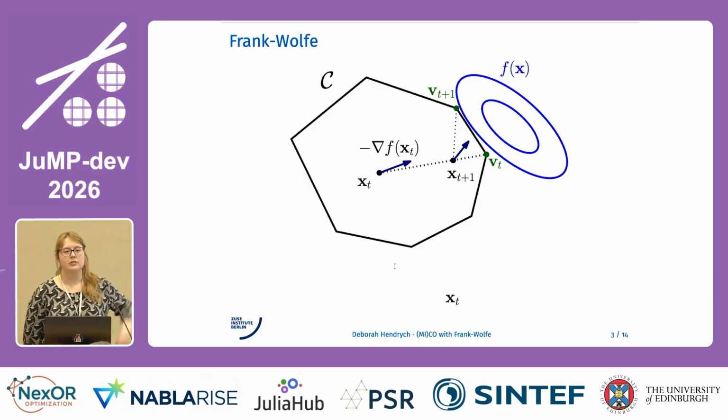And then essentially your descent direction is walking towards this vertex. How far you walk depends on your step size. You can have predefined step sizes that just depend on the iteration, or you can solve this one-dimensional optimization problem with a line search. And then you just keep going.